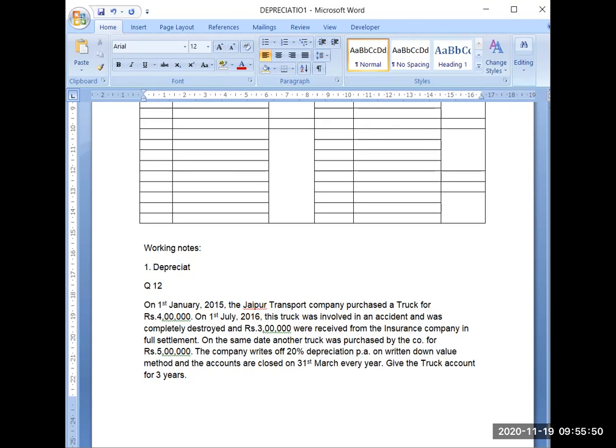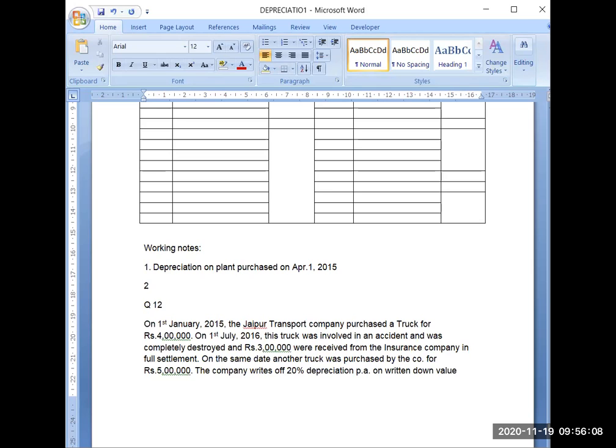Depreciation on plant purchased on April 1, 2015. So the cost was 2,40,000 multiplied by 10 upon 100.